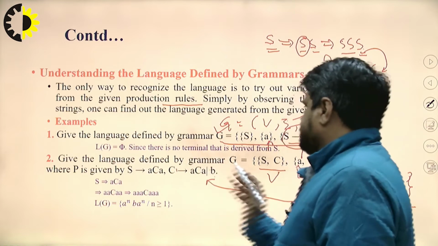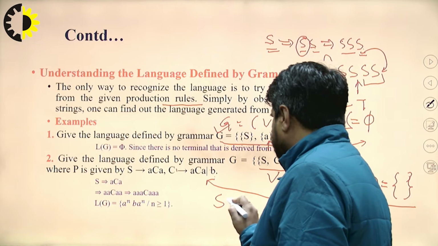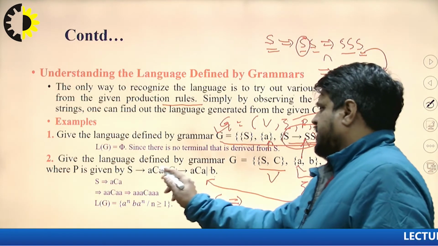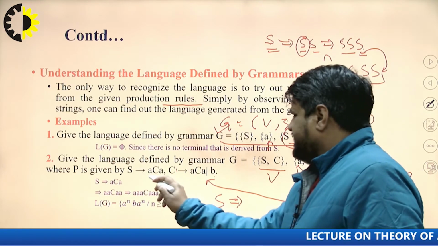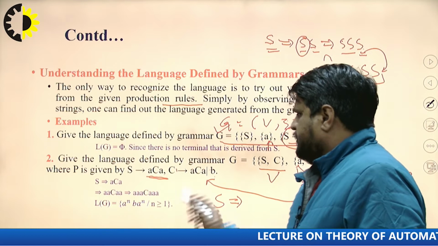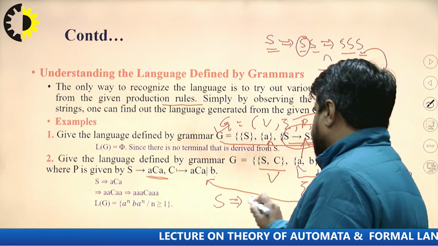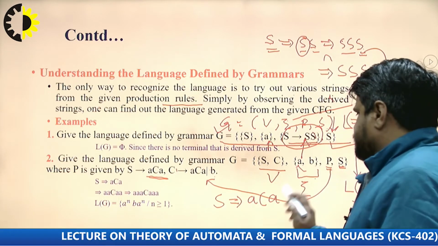So what happens? Firstly, you start from the starting symbol, and replace S by the right-hand side of the production. There is a unique production here, meaning there is only a single production for S. So you replace S by aCa.